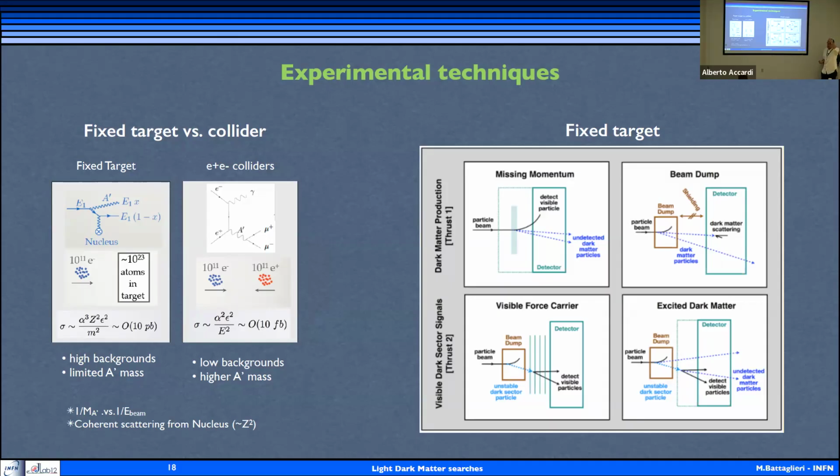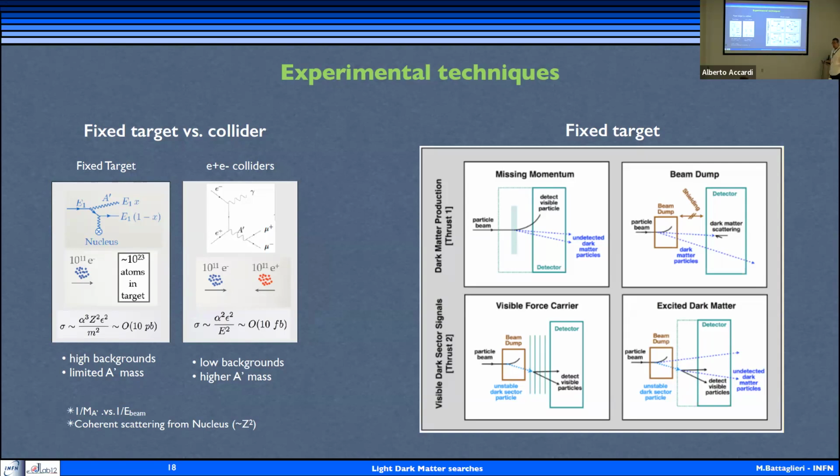In particular for fixed target, since we are at JLab, we are mainly reviewing experiments here at Jefferson Lab. For fixed target, there are different approaches that I will show you in more detail, but they are just sketched here.